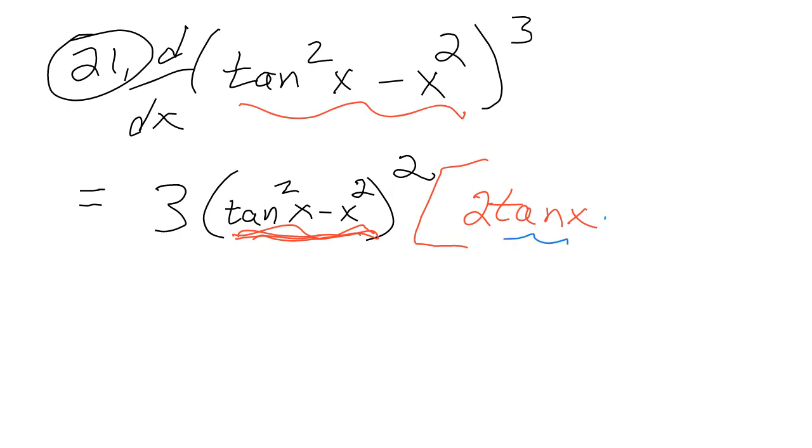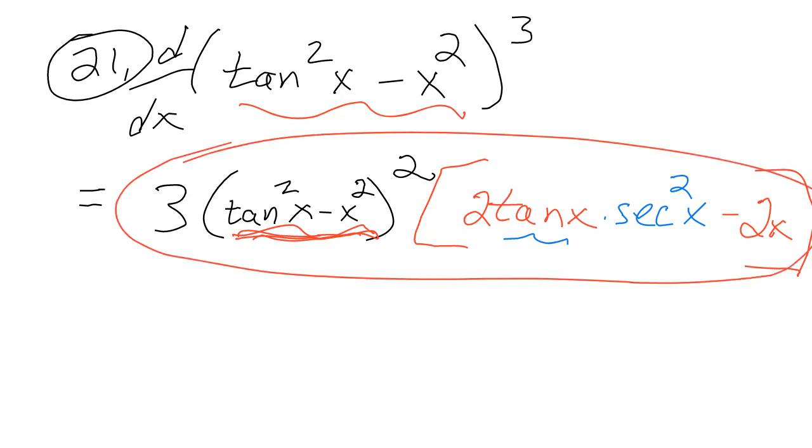The derivative of tangent is secant squared, right? So that's using the chain rule within the chain rule. And then minus the derivative of the second one, which is just 2x. So it ends up being this. We can multiply stuff out if you want. I don't know if it makes it any better.